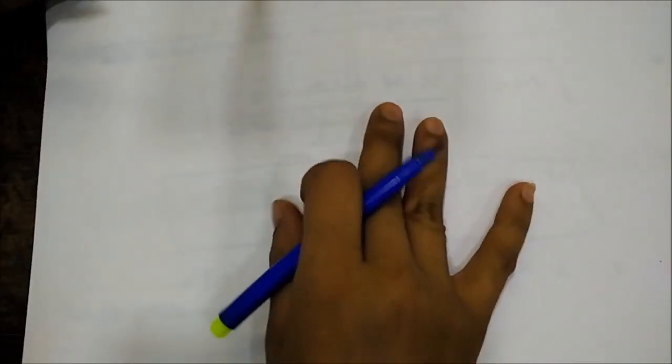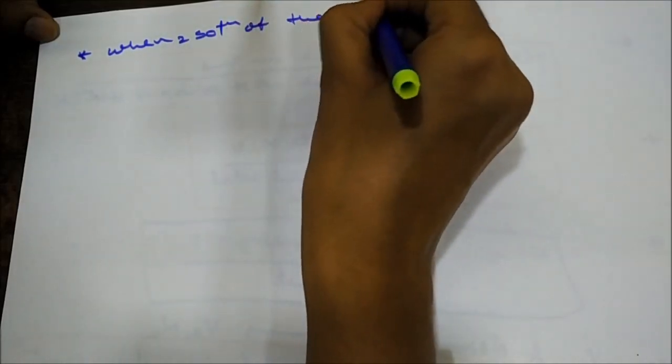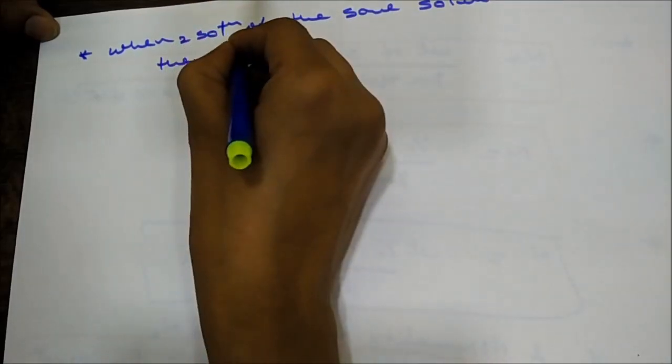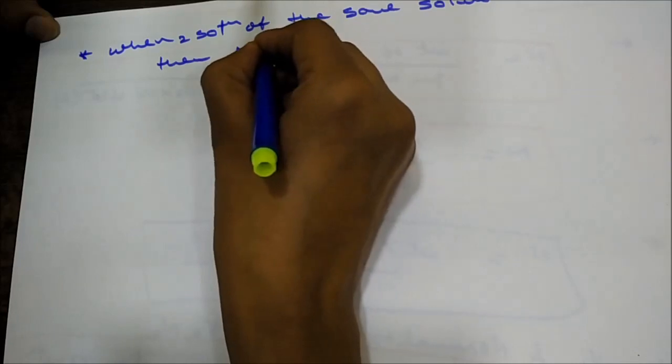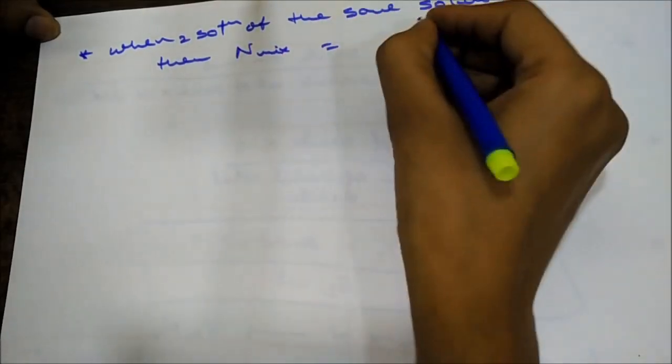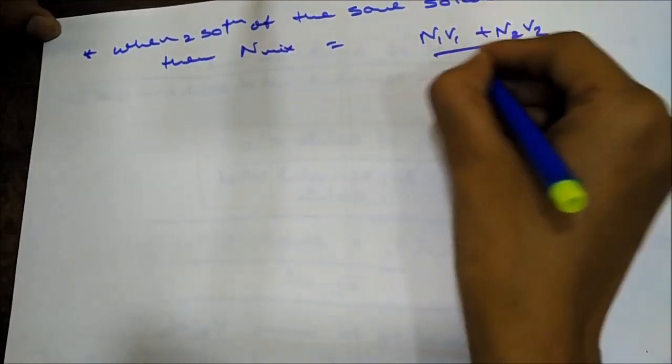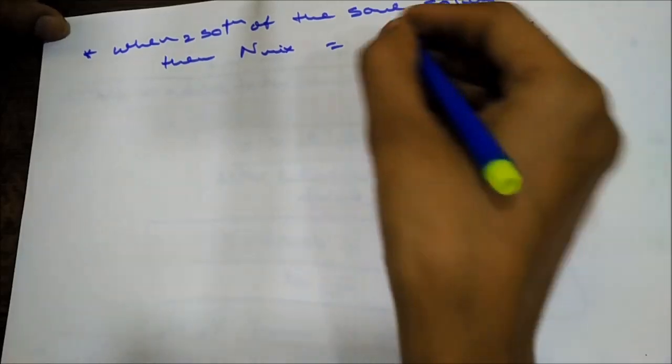The next is when two solutions of the same solute are mixed, then normality of mixture will be N1 V1 plus N2 V2 divided by V1 plus V2.